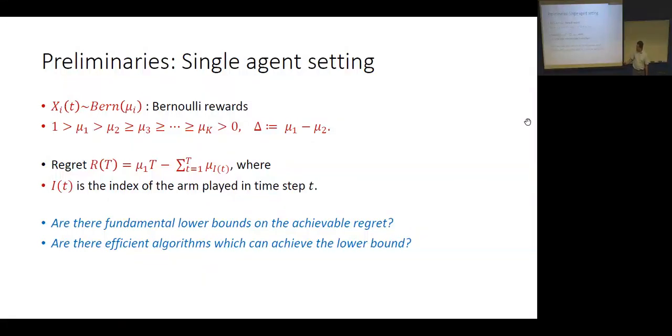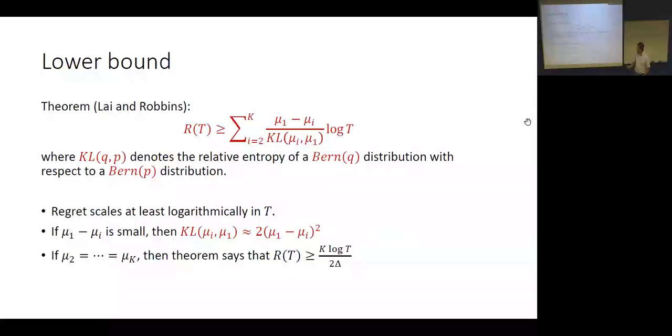So we want to know how well we can do. Are there fundamental lower bounds on what you can achieve based on how much information you can gain, and how quickly? And are there algorithms which actually achieve the best possible?